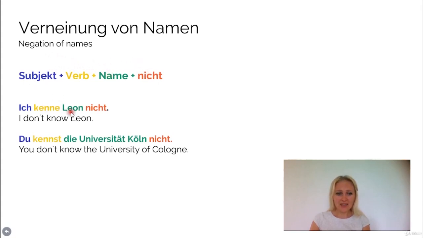Okay, ich kenne Leon nicht, I don't know Leon. As you see, subject, the verb, Leon, the name, and then comes the negation. Or here, du kennst die Universität Köln nicht. You don't know the University of Cologne. Now this is a name, the University of Cologne, so it comes before the negation nicht.